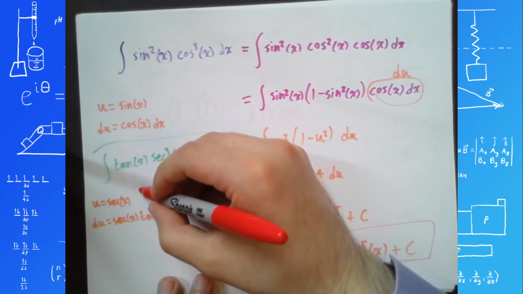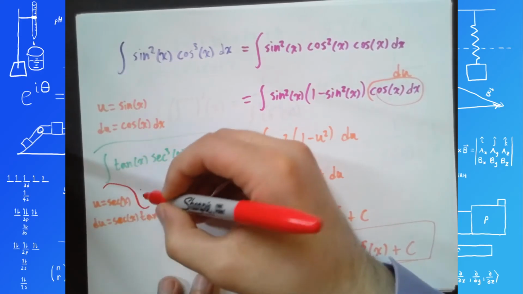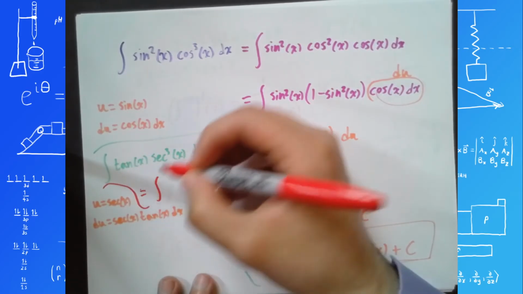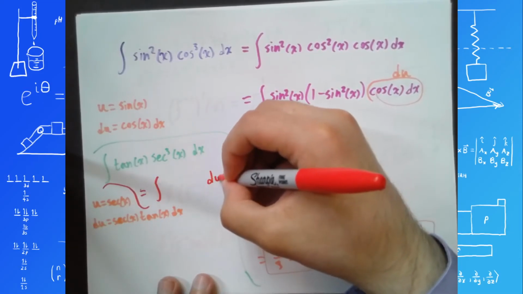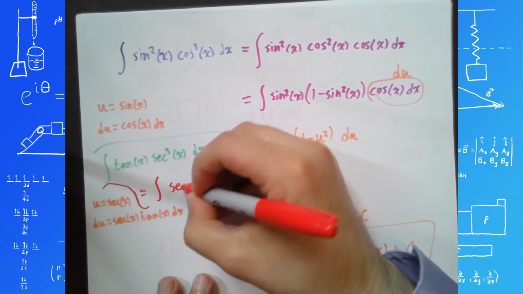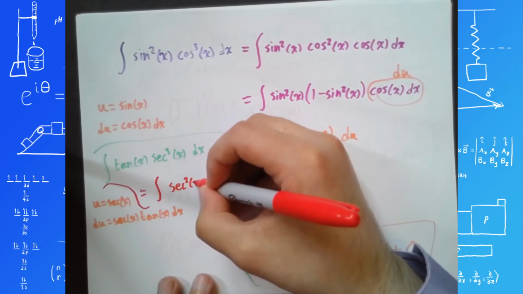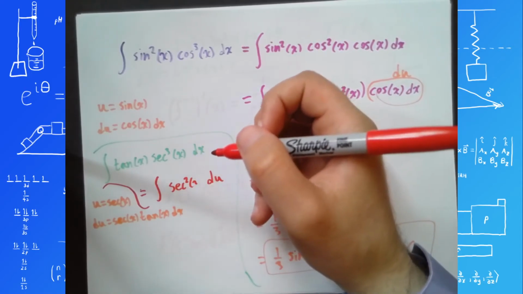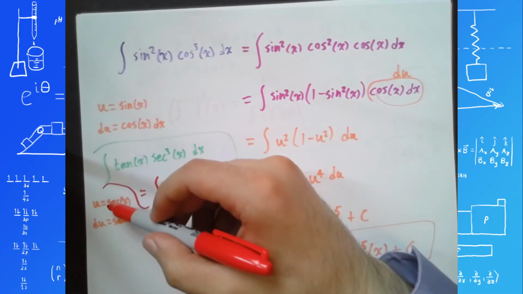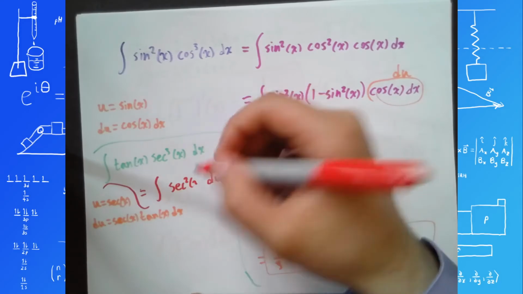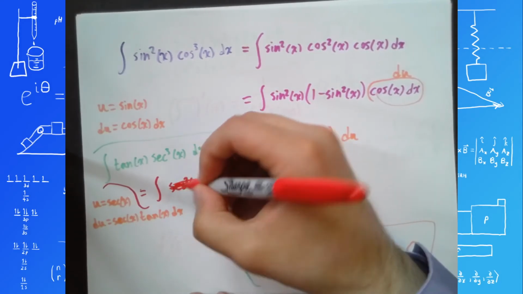Let's see, it just becomes the integral of take out a secant and a tangent and a dx to form a du, and you're left with secant squared of x. Well, oh, wait a minute. Secant squared of x, I have to rewrite that in terms of u, so that's going to become u squared.